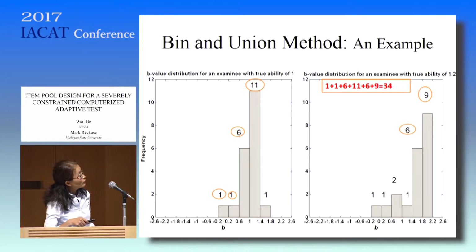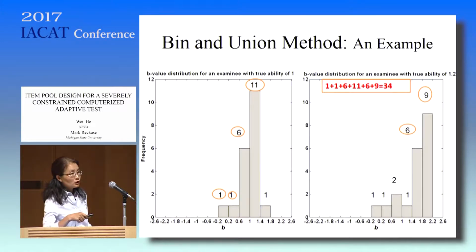Now, if we look at this bin with the range of 0.6 to 1, for the first examinee, 6 items are sorted into this bin. But for the second one, only 2 items.